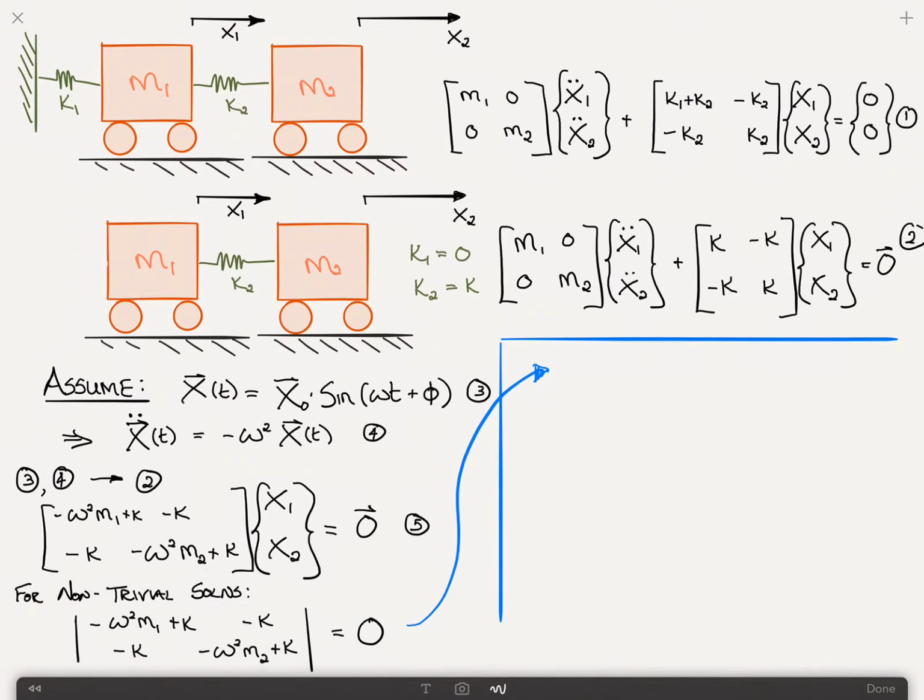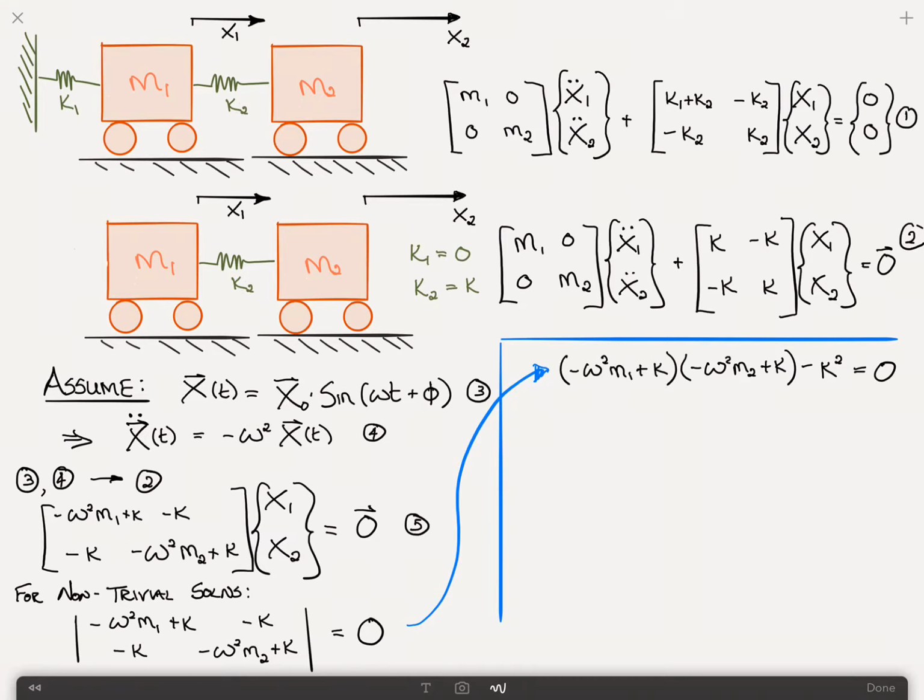Back to black. So we multiply the diagonals, we subtract the product of the off diagonals, we get that minus omega squared m1 plus k times minus omega squared m2 plus k. Minus k times minus k is k squared, so we subtract k squared equals 0.